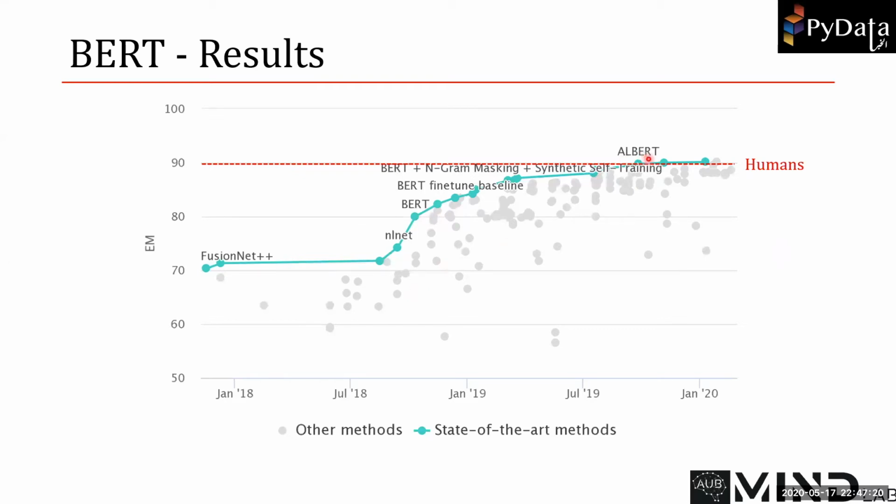And after that, recently Google released the ALBERT model, which is based on BERT but has a smaller footprint and better pre-training tasks, and also some optimization in it. And we recently were able to beat the human level in these benchmarks.